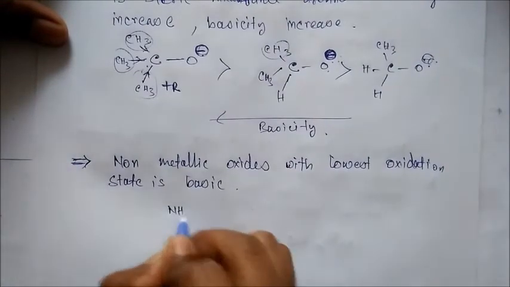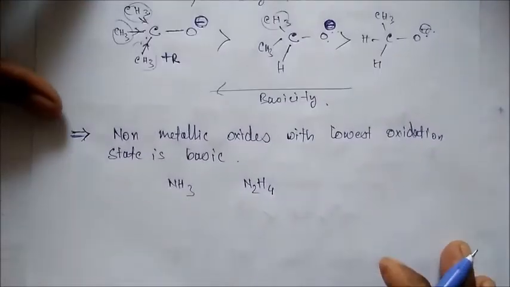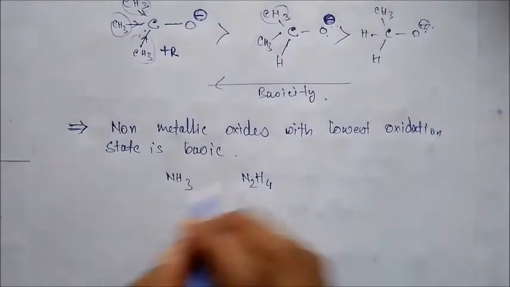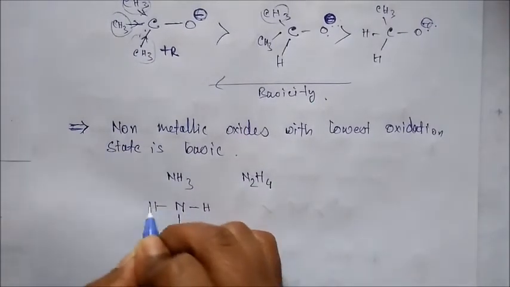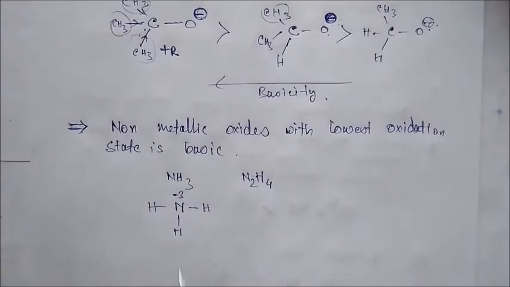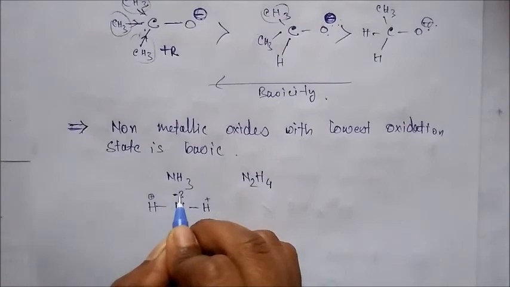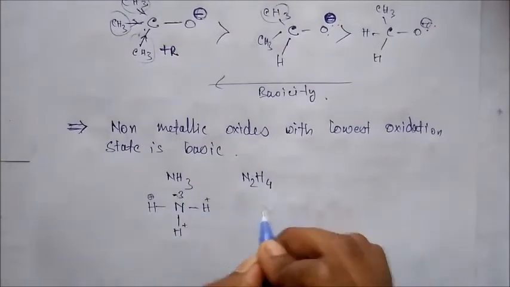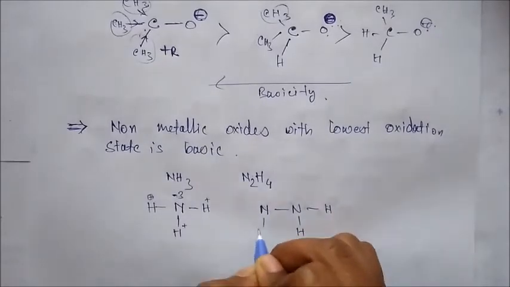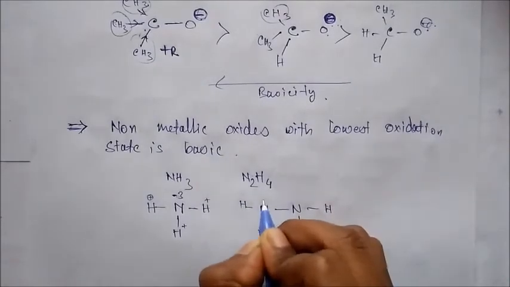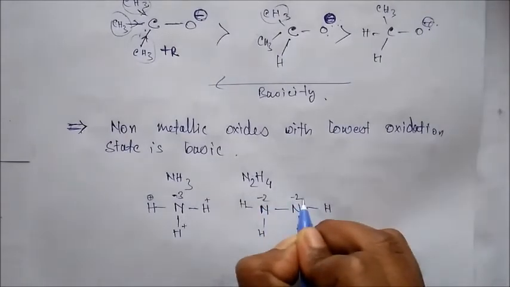Let's say we have NH3 and N2H4. If we see the structure here, you can see that this has H, so -3 oxidation state, because there will be positive charge here, and 3 minus will come here. And there will be N2H4, so positive charge, negative charge, positive charge, negative, -2.